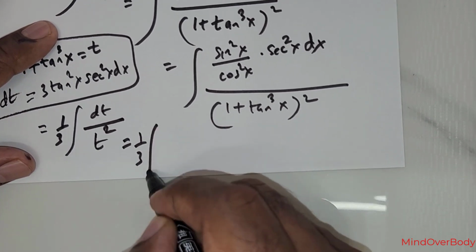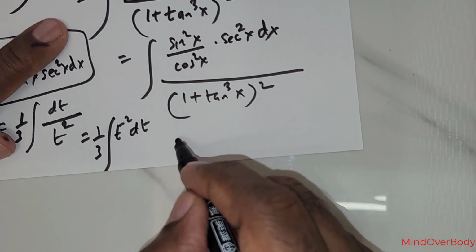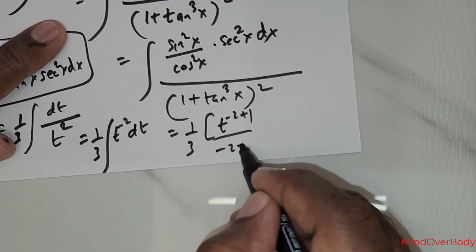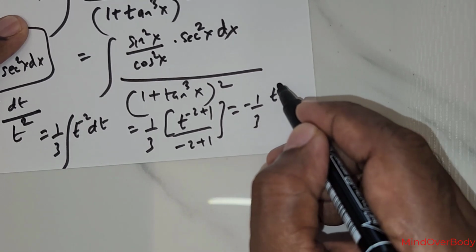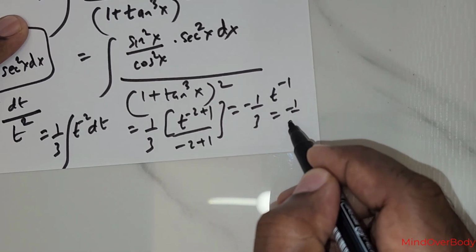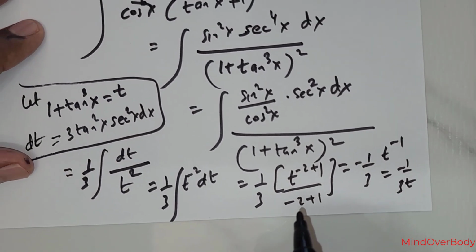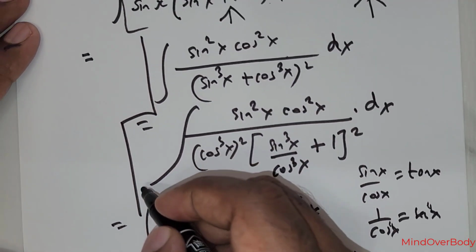Now this is 1 over 3 times the integral of t raised to the power of negative 2 times dt. This is 1 over 3 times t raised to the power of negative 2 plus 1, which is negative 1 over 3 t raised to the power of negative 1, which is negative 1 over 3 times t. But what is my t? 1 plus tan cubed x. So I'm going to use this part.